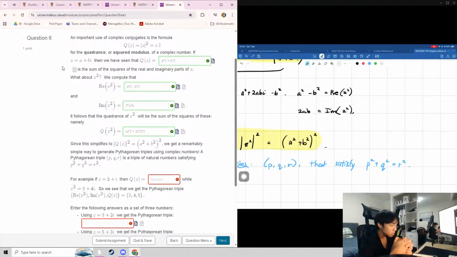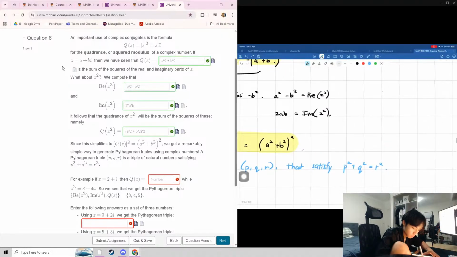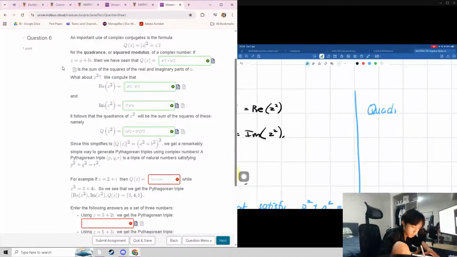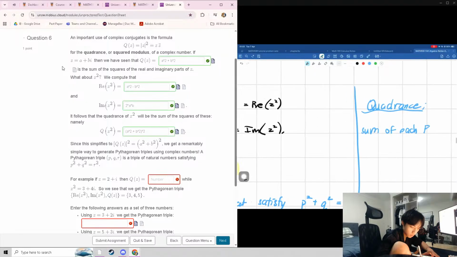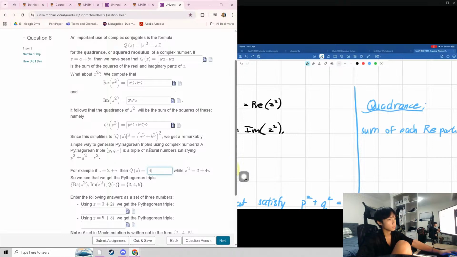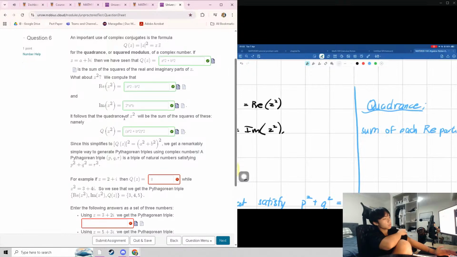Sum of each real part. 2 squared is 4. The quadrants is the sum here squared. Eight. 2 to 16.